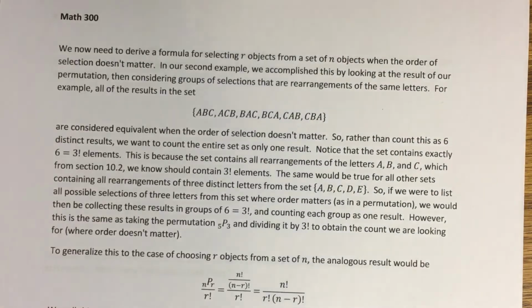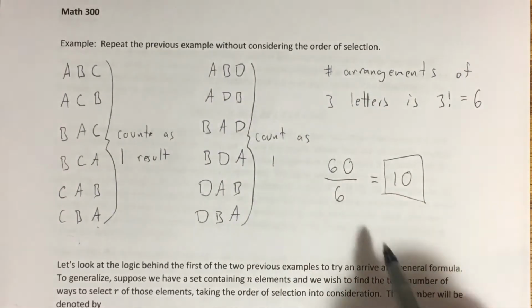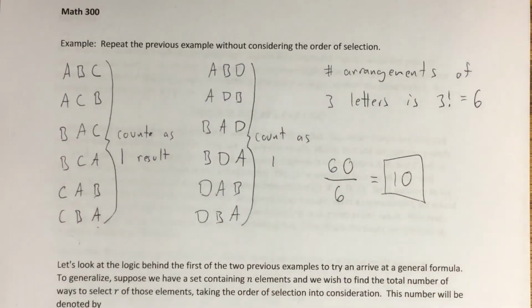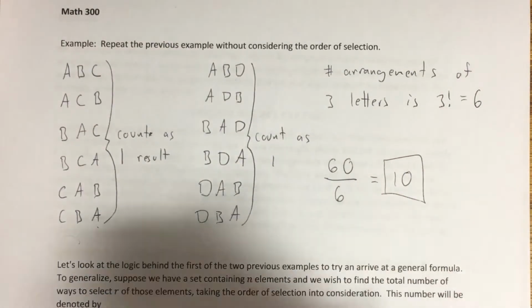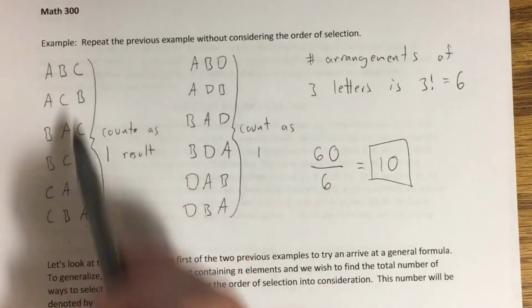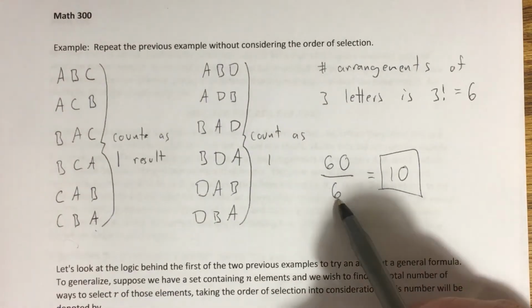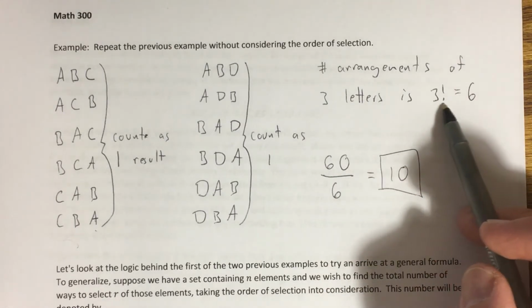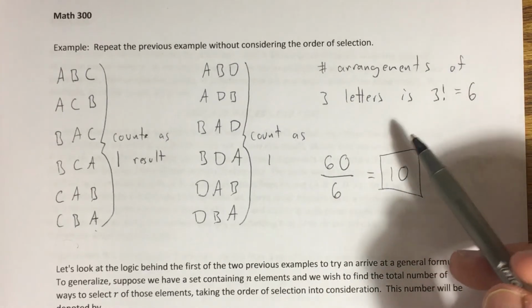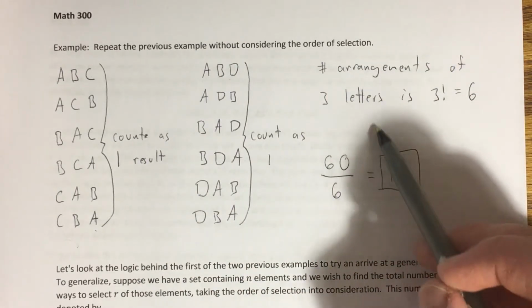And we discovered, in fact, I'll go back to that example, we discovered that if you already knew what the permutation was for that problem, then to find the combination, to think of all the different choices of 3 letters from a 5-element set where the order didn't matter, we had to divide by 6 because 6 was the number of ways of rearranging any of those 3-element selections. But where did the 6 come from? Well, it came from 3 factorial because that, as we showed in 10.2, is always going to be the number of rearrangements of a 3-element set.